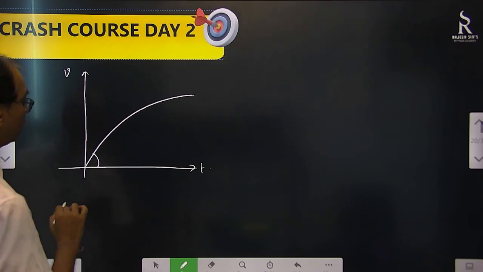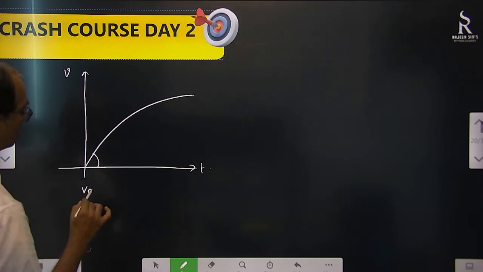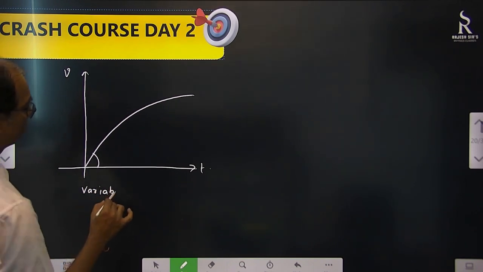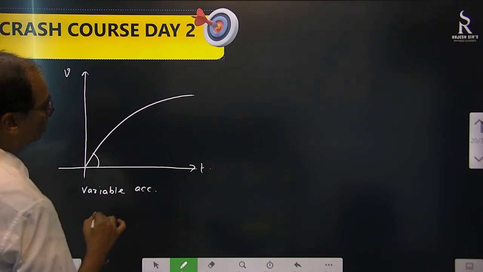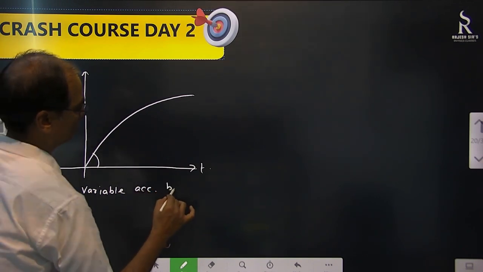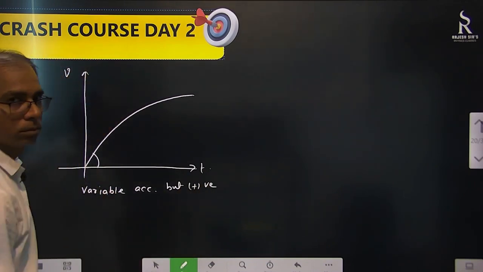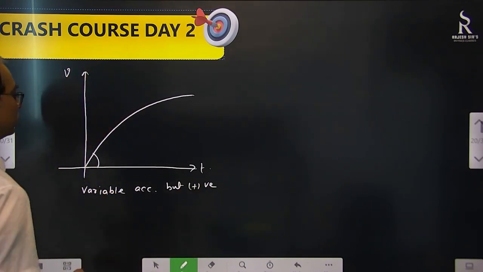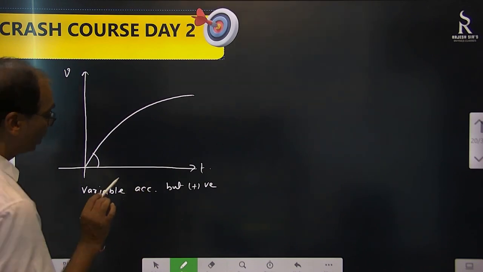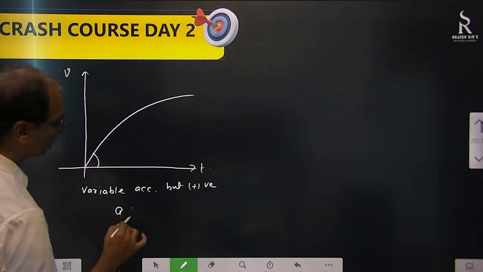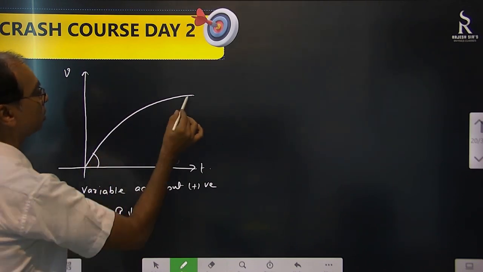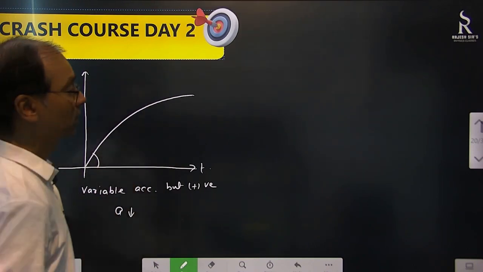Variable acceleration, but positive, because slope is positive. So variable acceleration but positive, and acceleration is actually decreasing. Here is maximum acceleration, here is minimum. Exactly the same way.